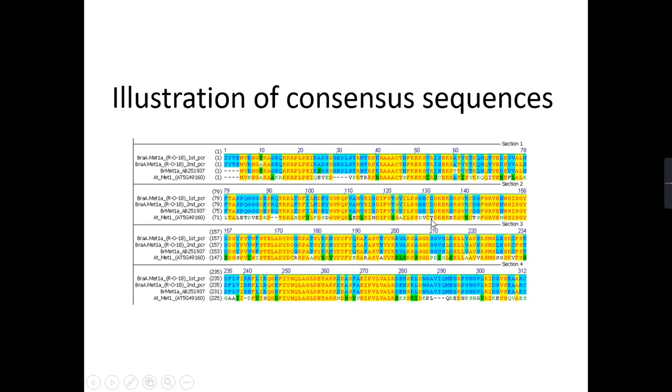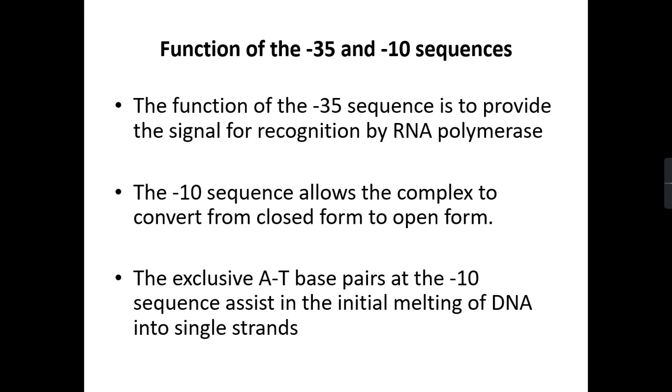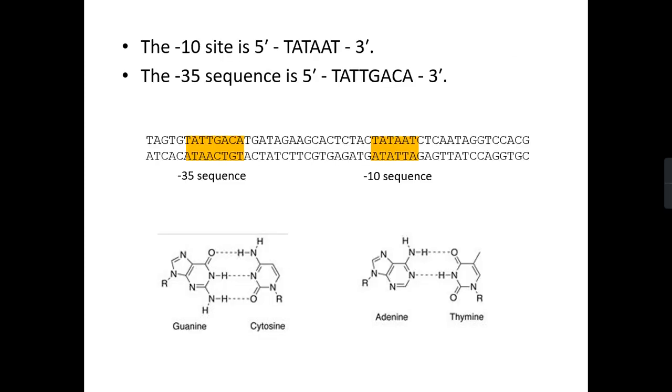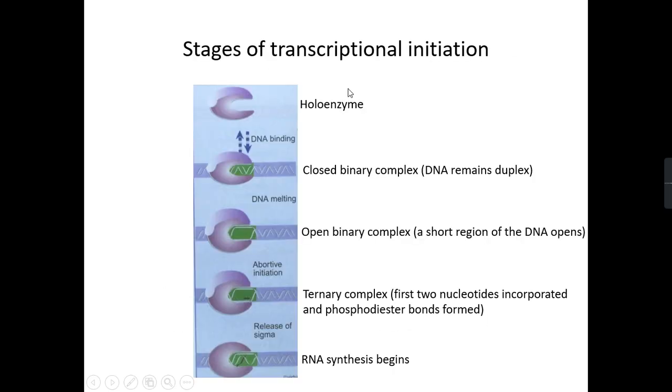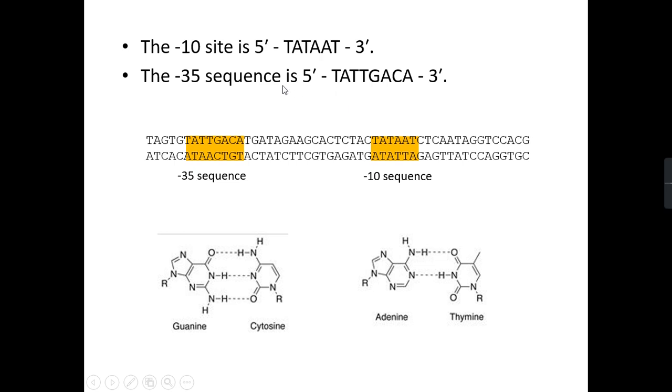Due to the TA being a lot there, at the -10 site, as we've told you already, we have TATAAT, and at the -35 site or region, we have TTGACA.